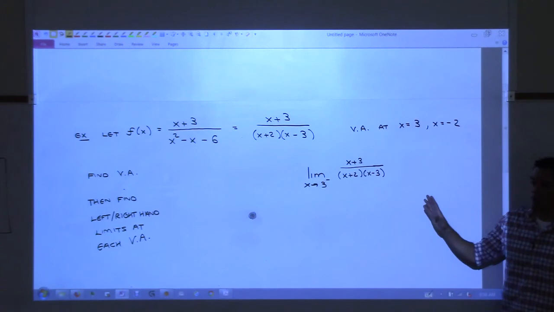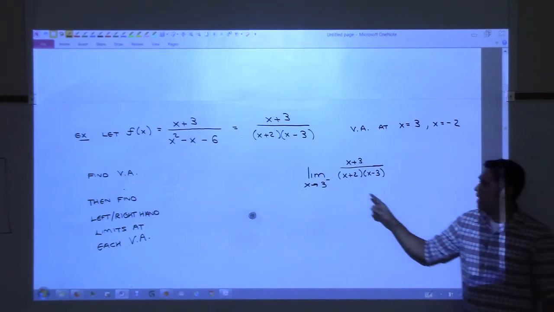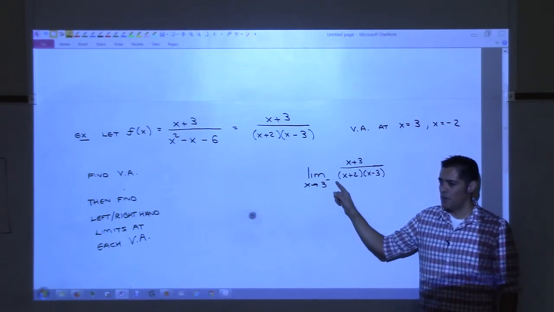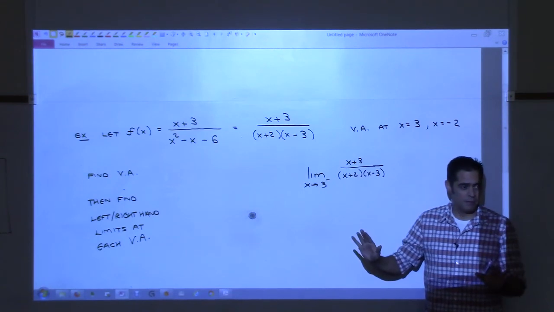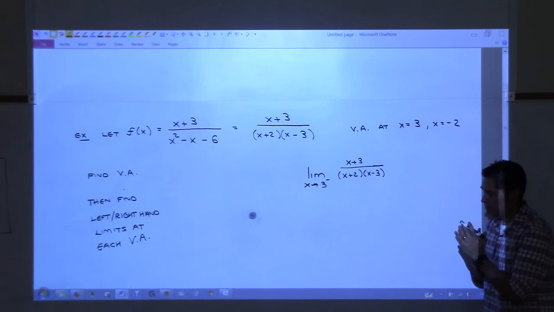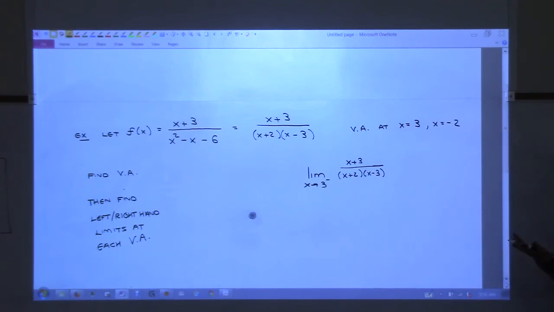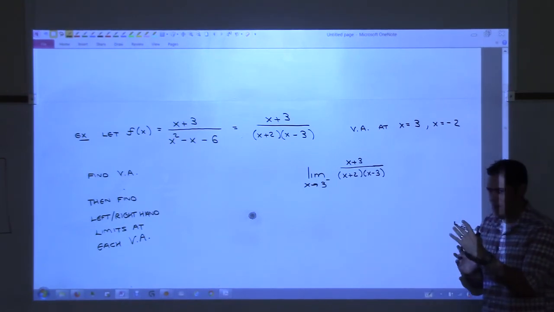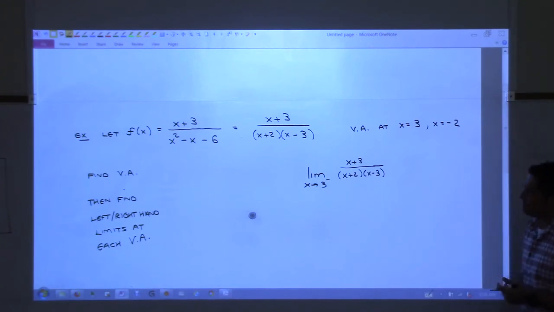So I'm about to figure out what this function's doing as we approach 3 from the left without the graph. Without the graph. All right? Here we go. This is going to be kind of interesting, I hope, to you. This goes back into that whole idea that we're going to start thinking a little differently than we have in the past.